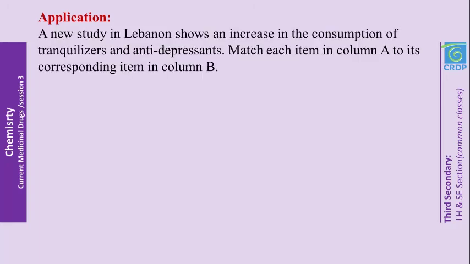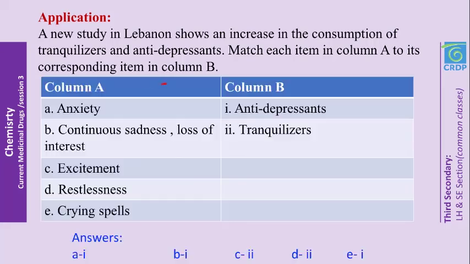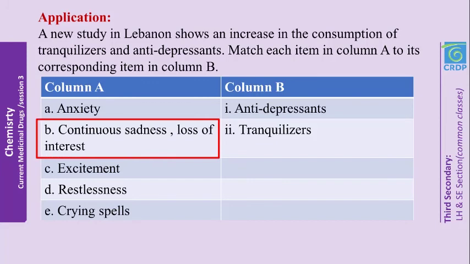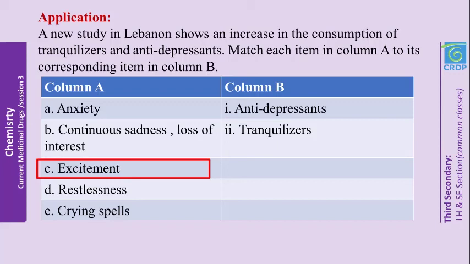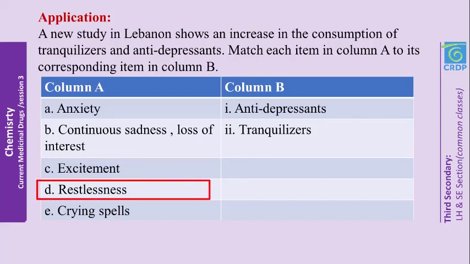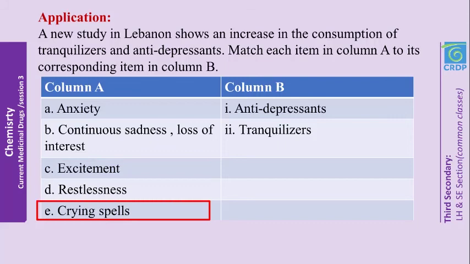We've reached now the final application in our session. The application says, a new study in Lebanon shows an increase in the consumption of tranquilizers and antidepressants. Match each item in column A to its corresponding item in column B. Column A includes A. Anxiety, B. Continuous sadness and loss of interest, C. Excitement, D. Restlessness, E. Crying spells.